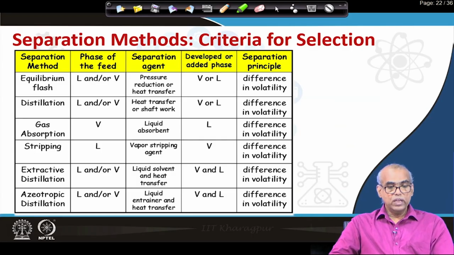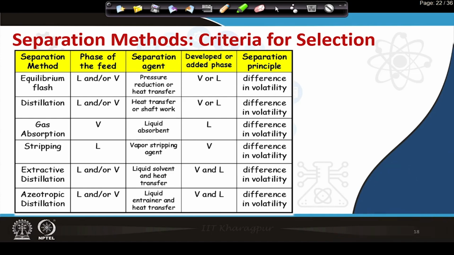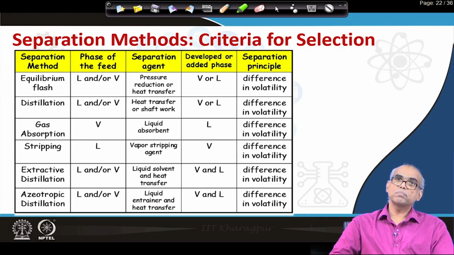So, here we give you a list of separation methods that are available for performing industrial separations. Also, along with this, phase of the feed and separation agent are given, separation principles are also indicated, developed or added phases are also indicated.